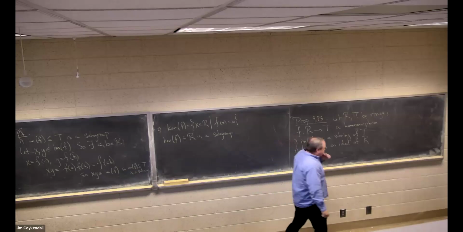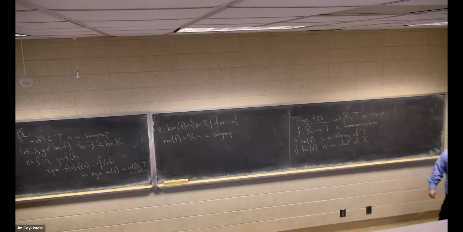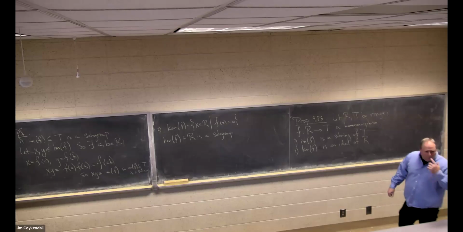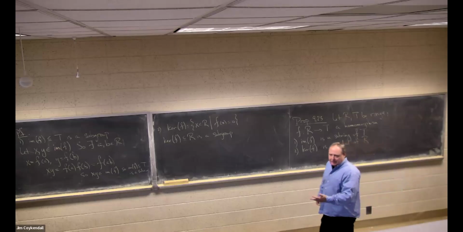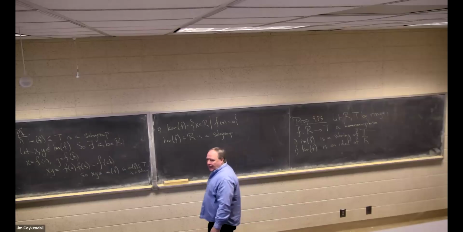We know that the kernel of f is always a subgroup of the domain of the morphism. And in fact, the kernel of f we showed earlier was a normal subgroup. We don't even have to worry about normality here because the groups are abelian. Anyway, all I need is a subgroup.